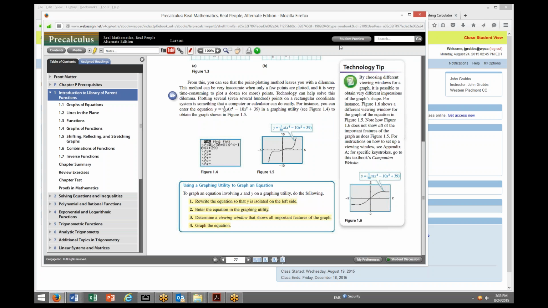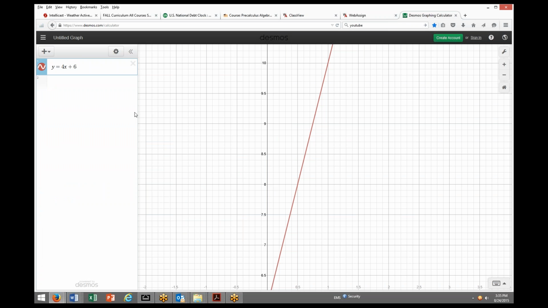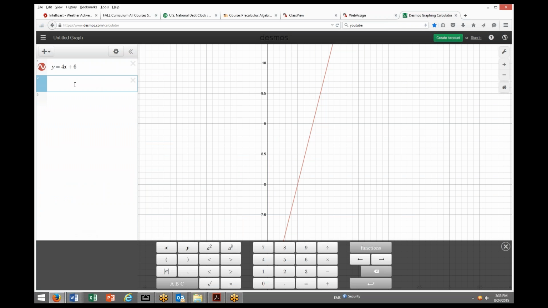Now I'm going to give you a tip that could be helpful too. I'm going to bring up the Desmos graphing calculator once again, and I want to show you something on here: with the Desmos graphing calculator we do not have to do the algebra and isolate the y.